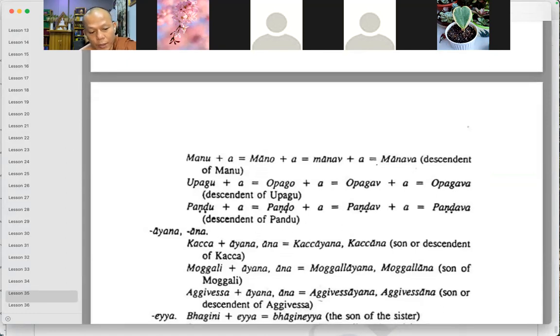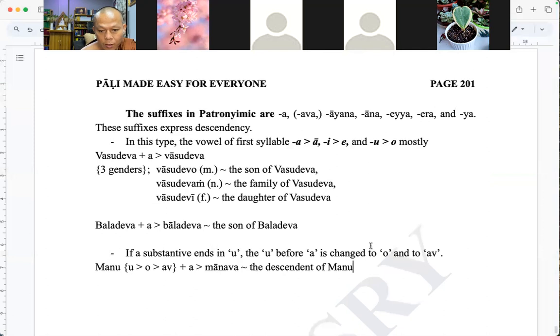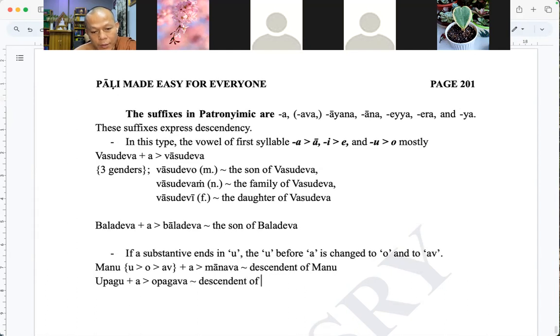The same way in the next word also: Upagu, and the a suffix. So the same as the first one, o or au, so Aupagava also means descendant of Upagu. In this way.